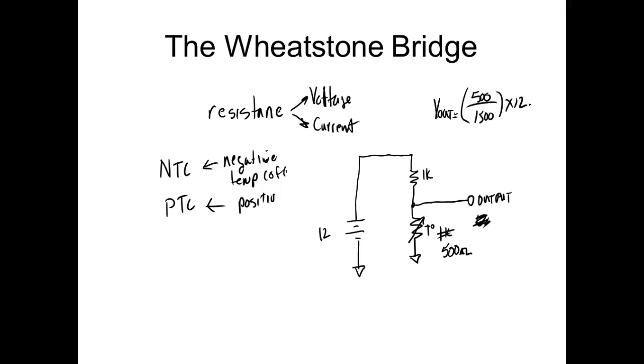Then I would multiply that times the supply. So what we do is we take the resistor we want to find the voltage drop across, and then we divide that by RT, and that gives you the ratio of that resistor relative to the total. And then we multiply it times the power supply, and that gives me the voltage drop across any resistor. This is called the voltage divider formula.